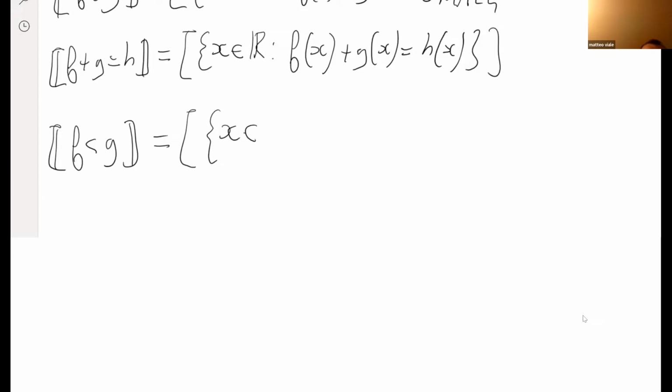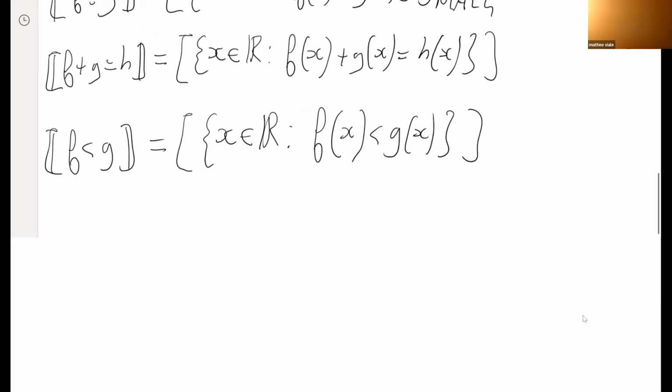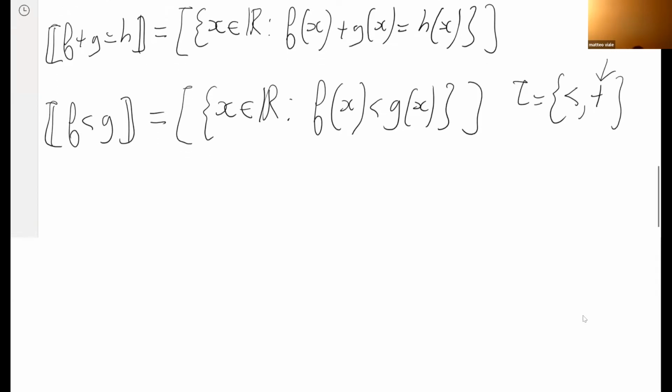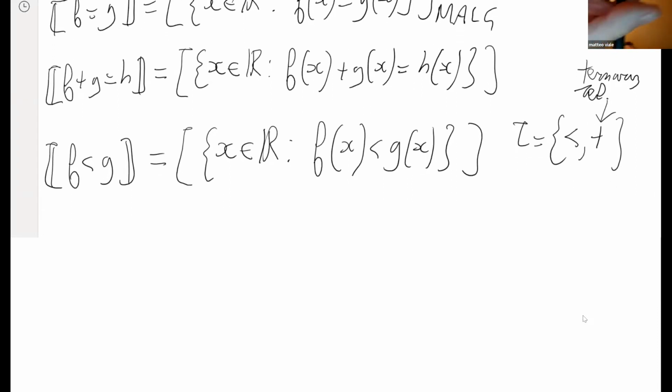I can just put any measurable relation, and one checks that this definition works. Here I'm considering the language minus, plus, with plus seen as a ternary relation, not as a binary operation. Is everything clear so far?